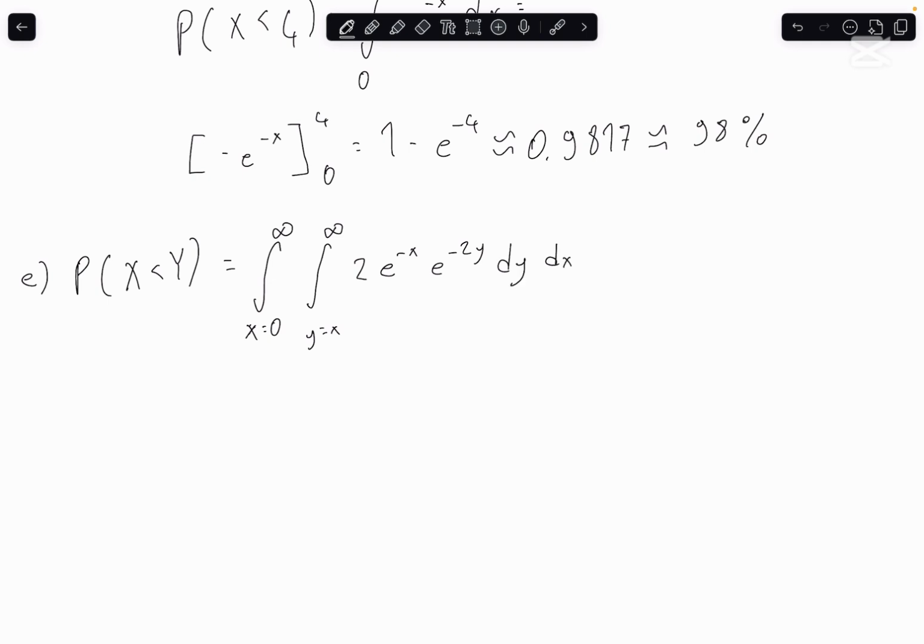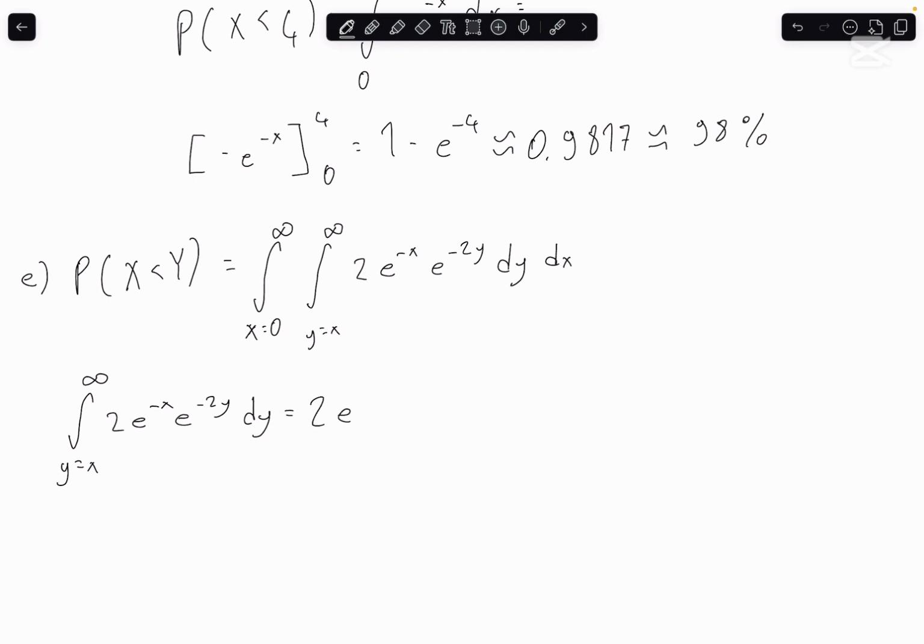First we keep x fixed and do the inner integral in y. Let's write it out.